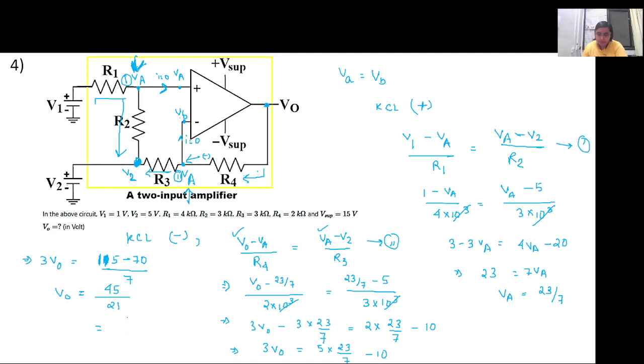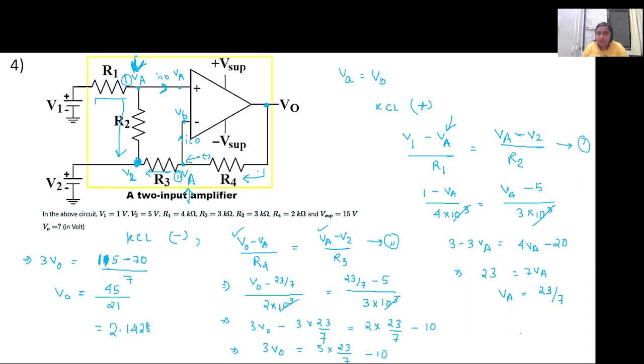So this comes out to be, let me get the calculator, 45 divided by 21, 2.1428. So from the first equation, the only unknown that we have is VA. The rest of the parameters we have in the question.